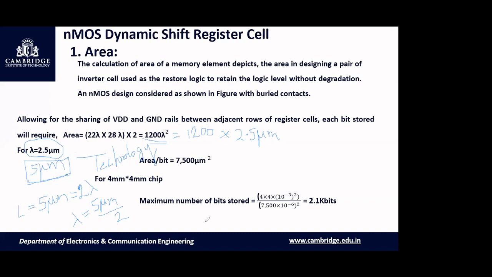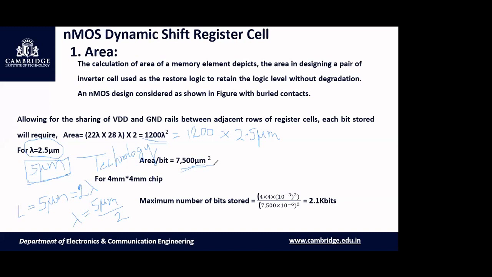So you'll get 7,500 micrometer square. So here, in order to store 1 bit of information in an NMOS non-inverting cell, you need 7,500 micrometer square. This much area would be required.